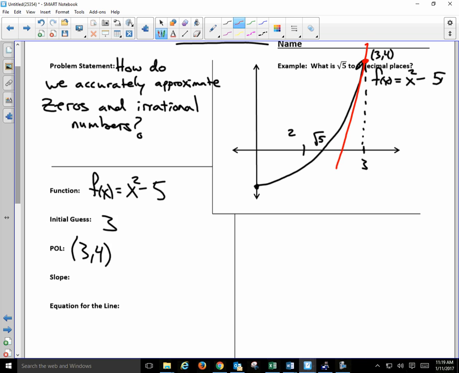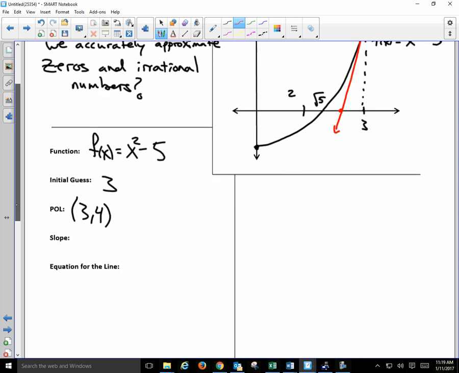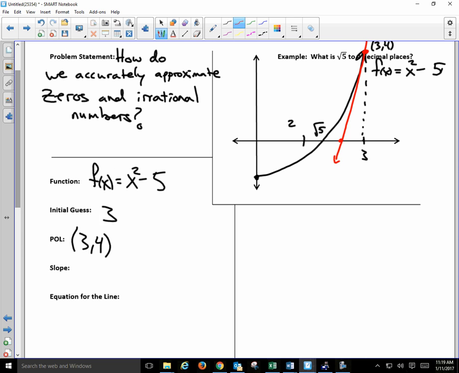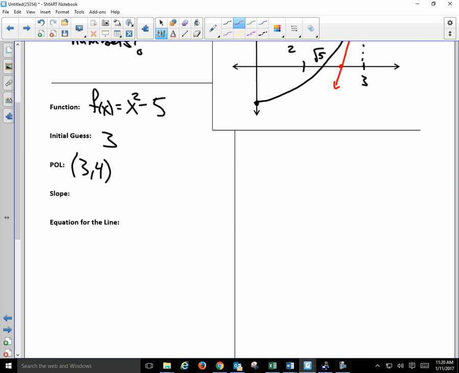And when I write the equation for the line tangent, it's going to give me a new guess that is much more accurate. If that line is tangent to the curve f of x equals x squared minus 5, how would I find the slope of that line? What is the derivative of x squared minus 5? 2x. So what is the slope at 3, 4?